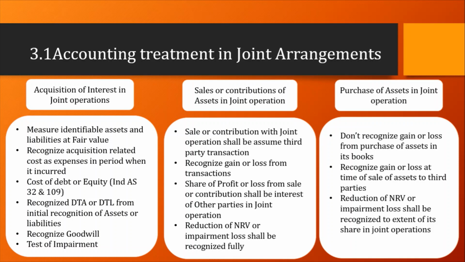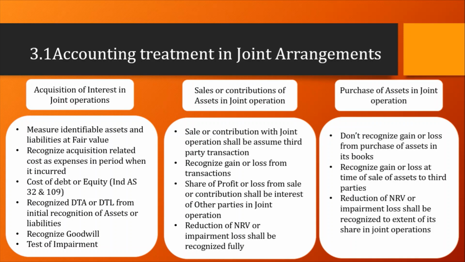If we are talking about the sales and contributions of assets in joint operations, if an entity enters into a transaction with the joint operation, in that case it will treat such transactions as third party transactions, and it will recognize the gains and losses from such transactions based on the share of the other parties in the joint operation, not itself, only the other parties' shares.